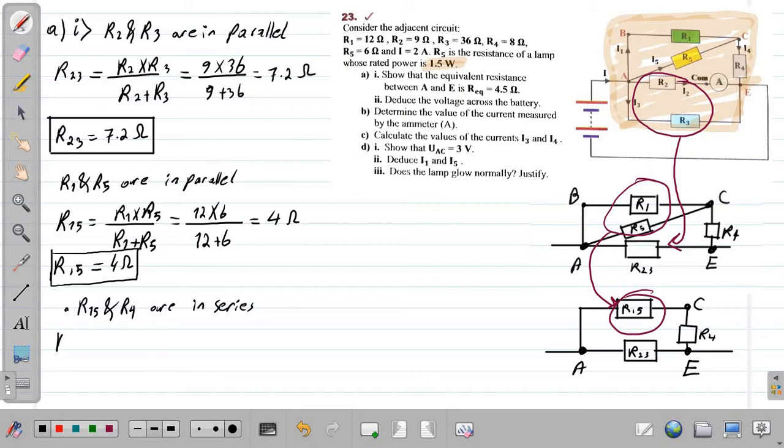So R154, the R equivalent of R15 and R4, is equal، بحالة السيريز بس بنجمعهم مع بعض، R15 plus R4, which is equal 4 plus 8, equal 12 ohm. So R154 is equal 12 ohm.